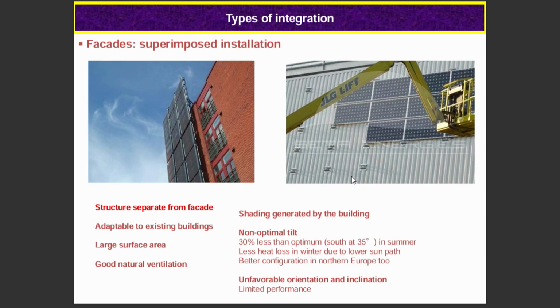You can have the same kind of thing in a facade. You can just plug over the facade, it is superimposition, or you can have also some structures that are independent of the existing building.